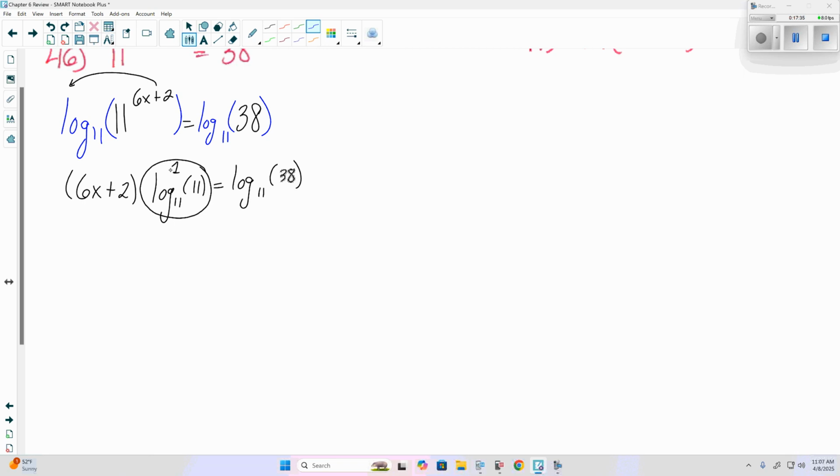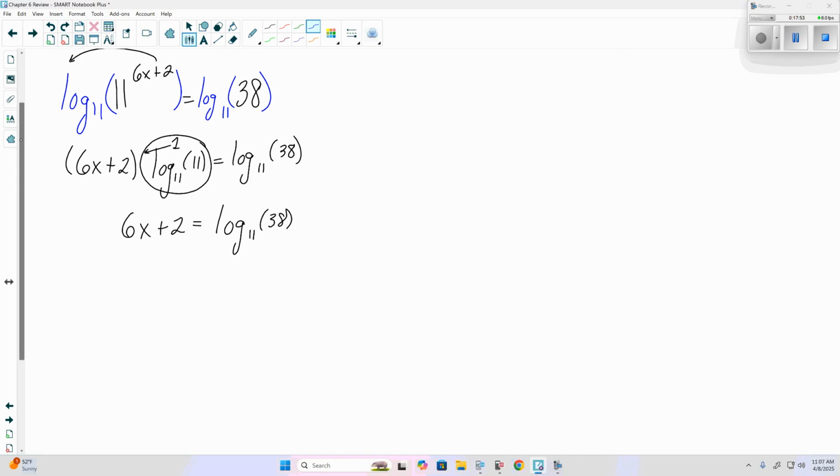And 6x plus 2, when we multiply it by 1, leaves us with 6x plus 2. On the right-hand side, we still have log base 11 of 38. Questions on how we got to this here?